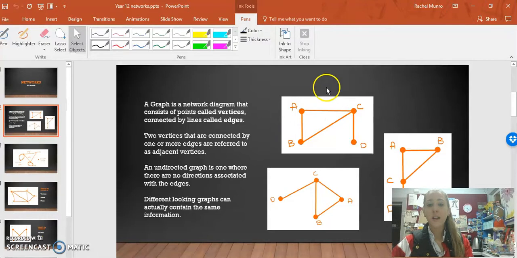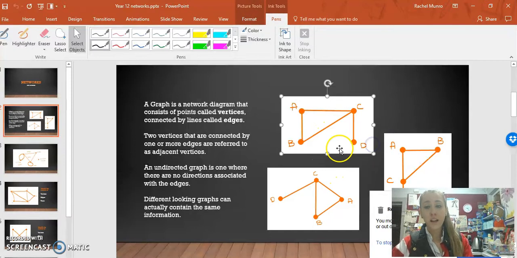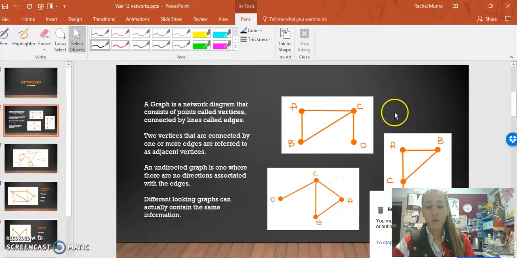So different looking graphs can actually contain the same information. So it's important to take note of not only the labelled vertices but the edges as well. These three graphs, although they look very different, they do actually contain the same information.